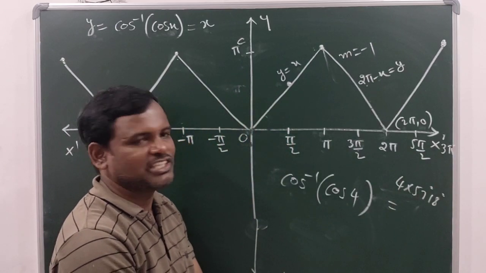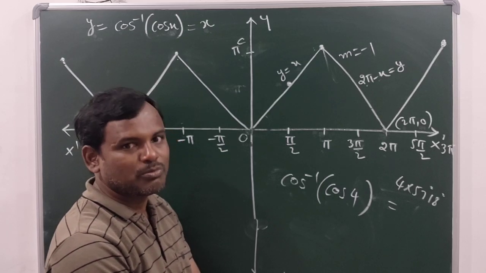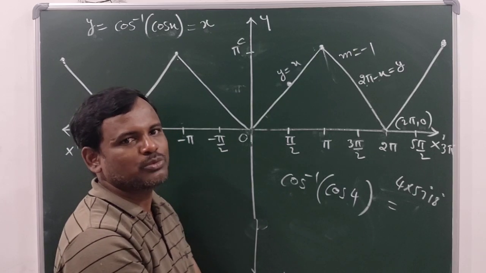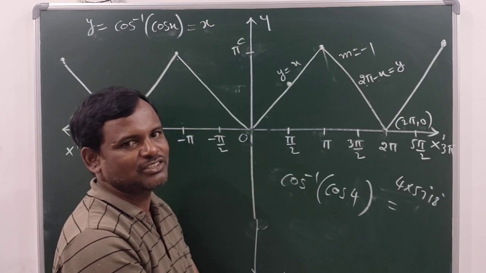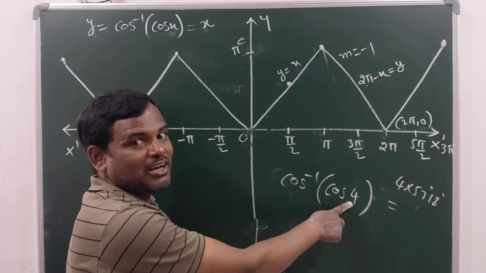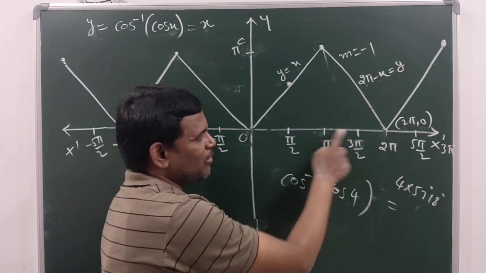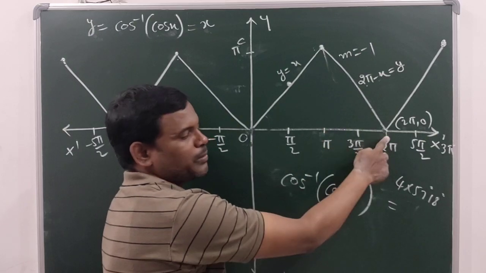Almost 240 change. Nearby 240, like 237 to 238 degrees, you will get for x. But when the angle is around 240, it belongs to the interval pi to 2 pi.